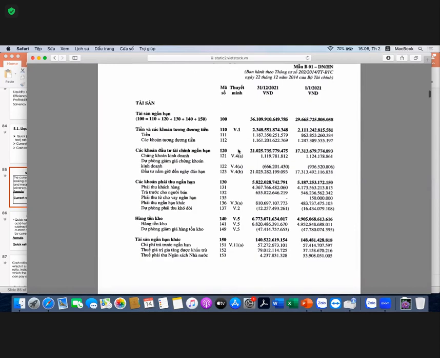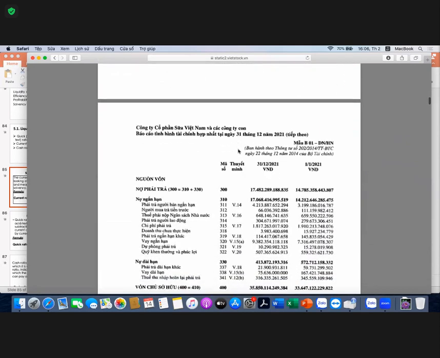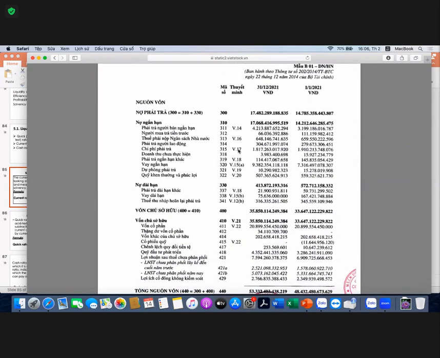And look at the sources. We can see which is the current liabilities. Current liabilities have the code of 310. So the total current liabilities in 2021 is nearly 17,068 billion đồng.